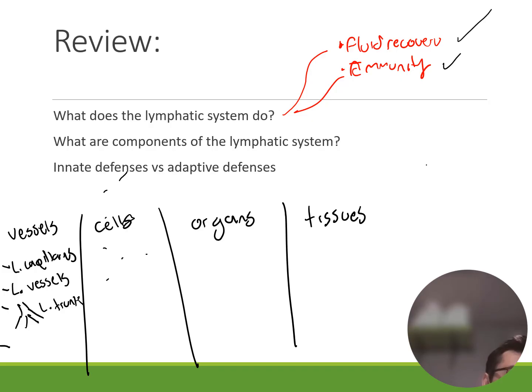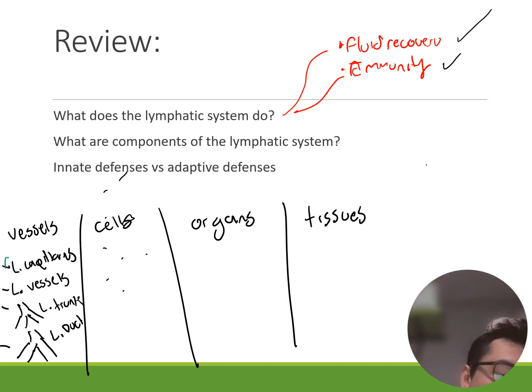Those lymphatic trunks also merge eventually, and then they become a lymphatic duct. It is the lymphatic duct that eventually ends up dumping the lymphatic fluid into the subclavian vein. And the movement will be from capillaries to ducts.